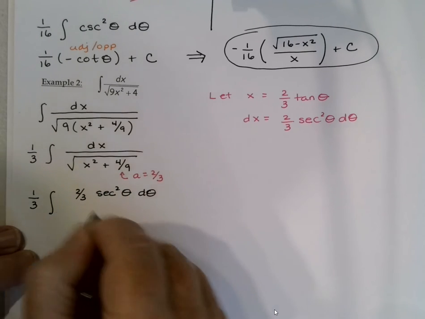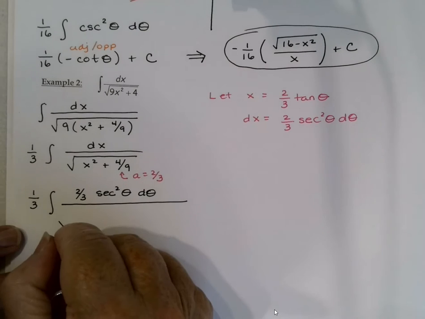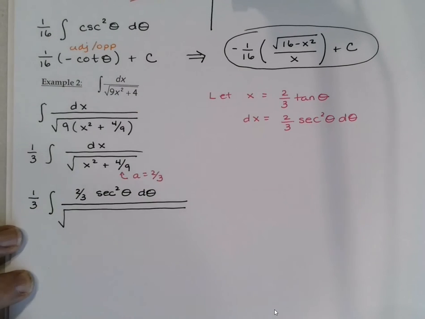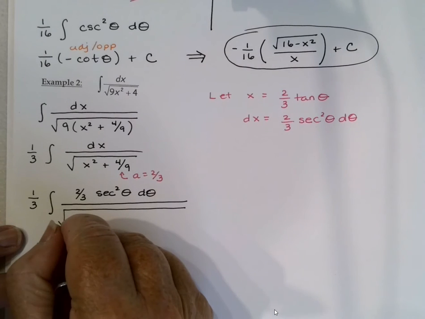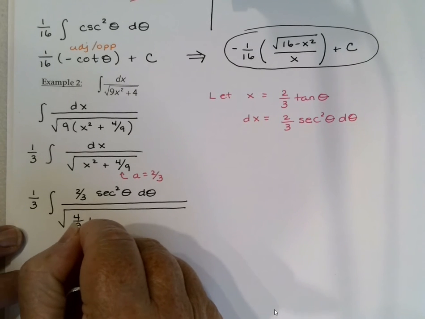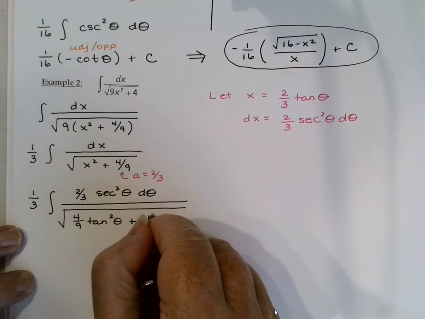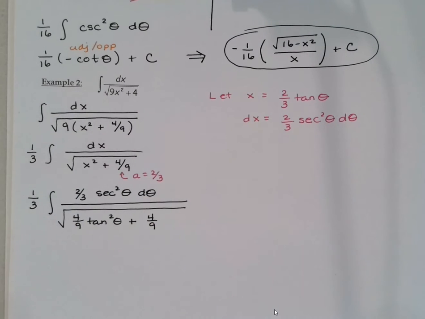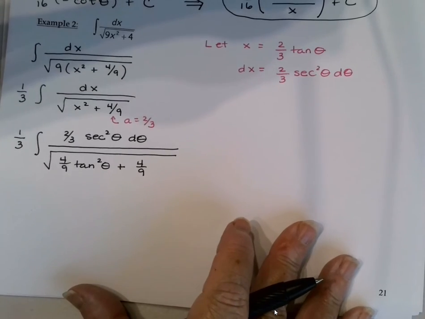So there's the dx. And then under the radical, I have x squared. That would be 4/9 tangent squared theta plus the 4/9. All right. Once again, it kind of looks midway that I've made things worse, but I think we'll be able to work it back around here to make things look a little better.